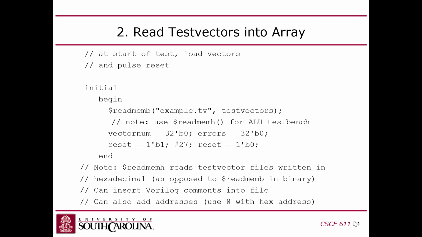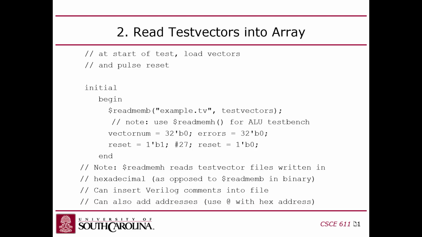And then it will initialize the vector num and the errors, and it will also have this reset that will set to 1, wait for 27 time units, and set it to 0. Now, if you were testing any kind of sequential logic, you'd want there to be a reset pulse at the beginning that would reset all your registers and flip-flops.